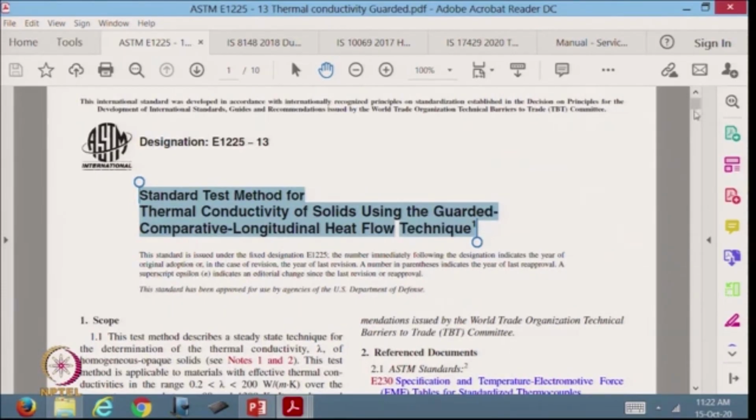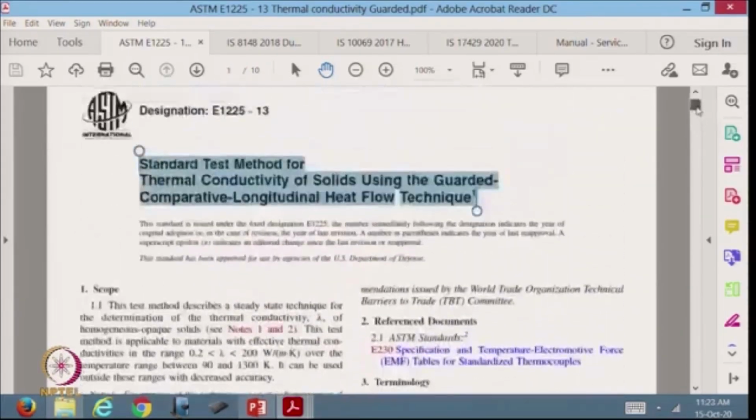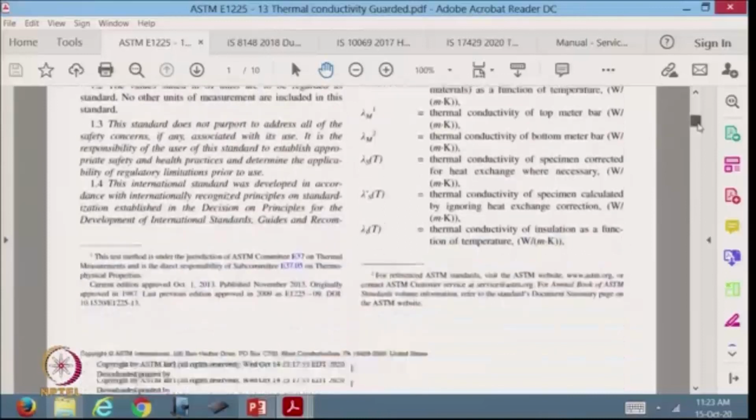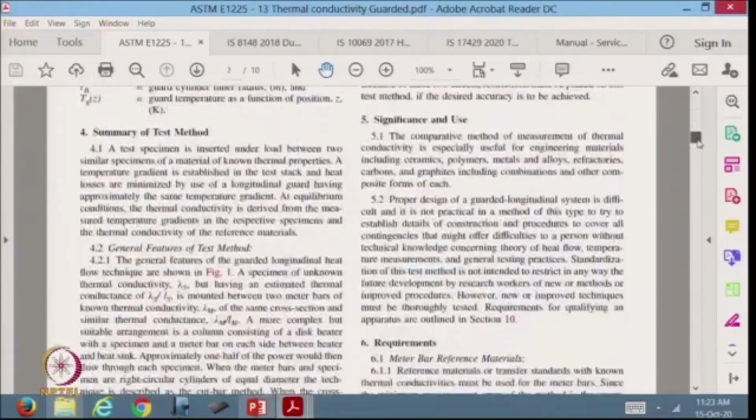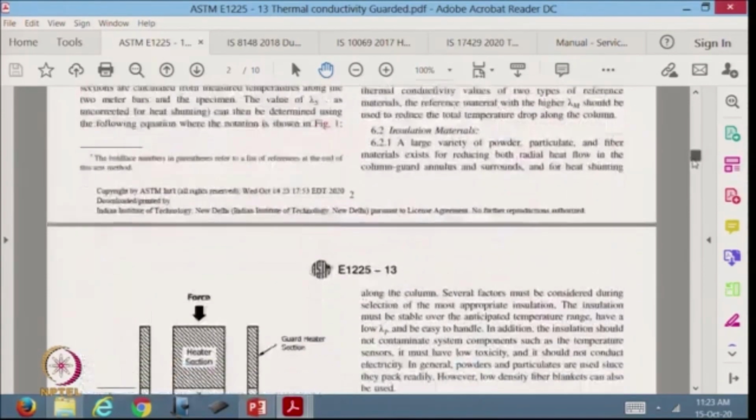And if we look at this, it gives the terminology, the symbols, and here is a summary of the test method, how to do it, its significance and use, and requirements.